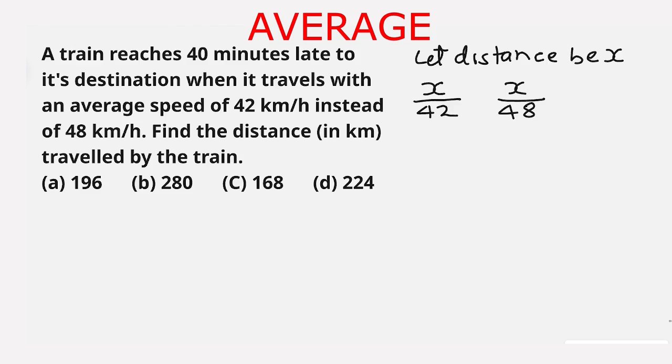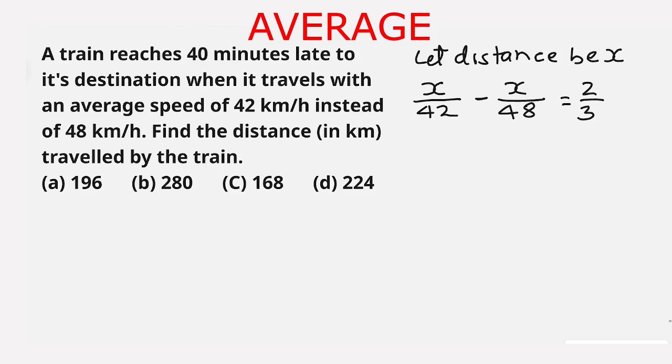And when it travels by 42 km per hour and when it travels by 48 km per hour, their difference is 40 minutes, and 40 minutes is 2/3 hours. So our equation will be x divided by 42 minus x divided by 48 equal to 2/3.